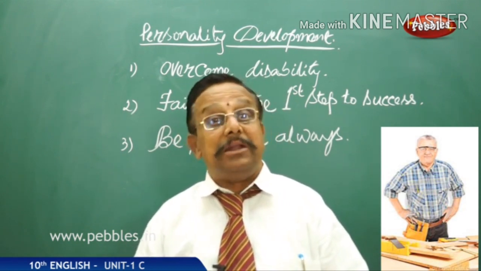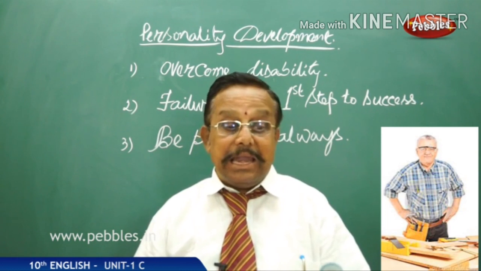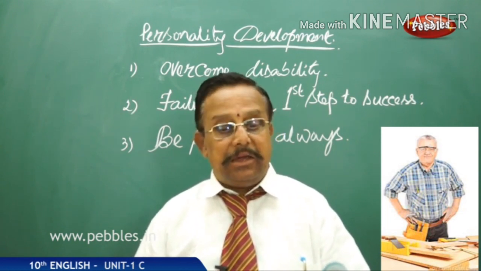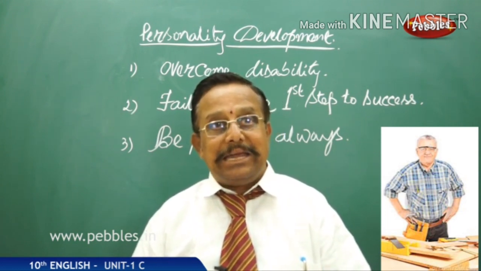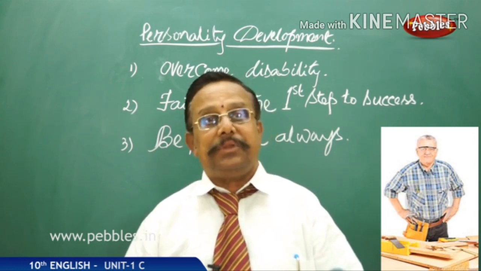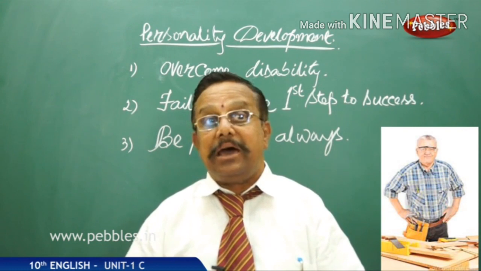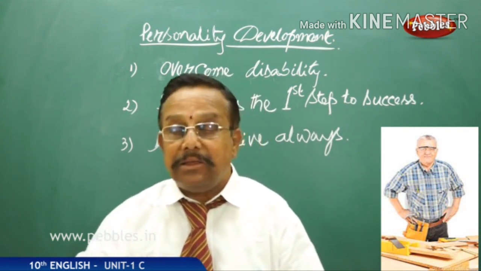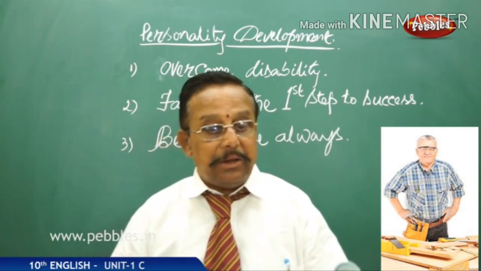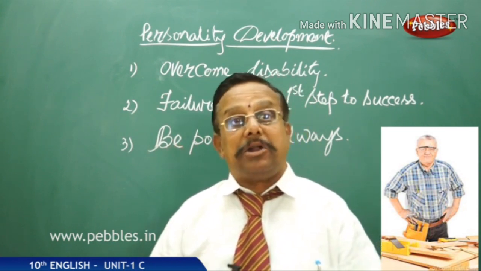How to use retirement in this sentence? Let us see. An elderly carpenter was ready to get his retirement, to take his retirement. That way, in the place of retire, we can use retirement and the sentence can be completed.